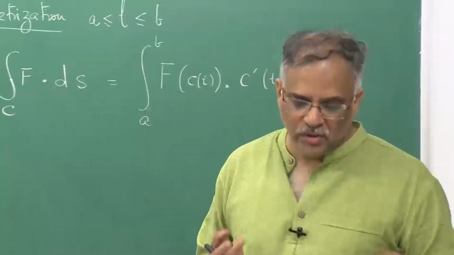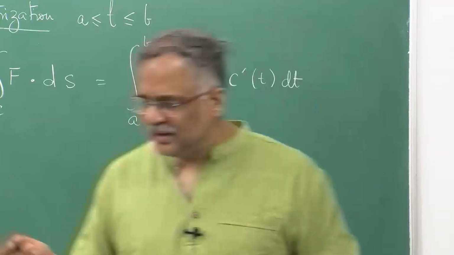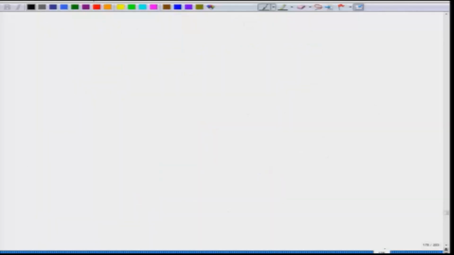We will talk about the meaning of work done. Of course, there are certain things which you need to learn yourself, for example, if you go from point A to point B, if I move in a curve from A to C and then from C to B, and I call the first curve C1 and the second curve C2, then the integral over the whole curve can be done separately, first over C1 and then over C2.